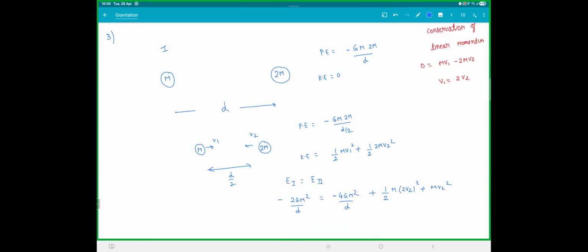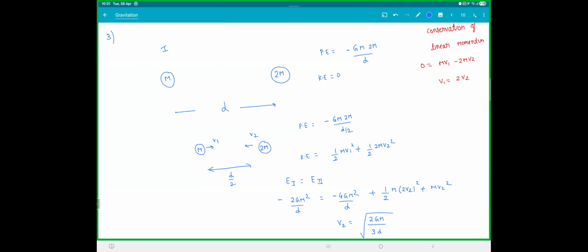You'll get 2Gm square by d, and this would be 3m v2 square. I think v2 will be root of 2Gm by 3d. Check: d will come, not d square. 2Gm by 3d. Clear with this? That's your v2, and v1 will be double of this.